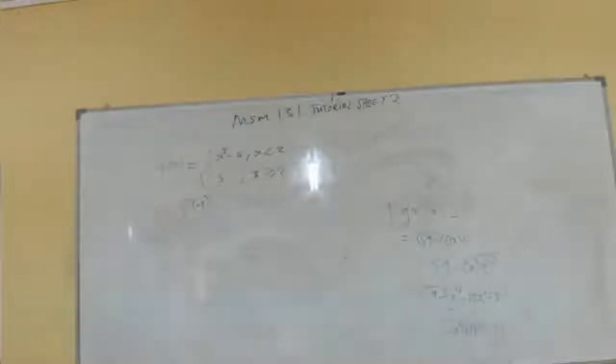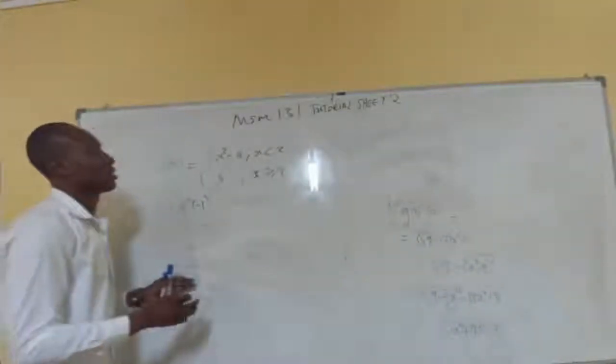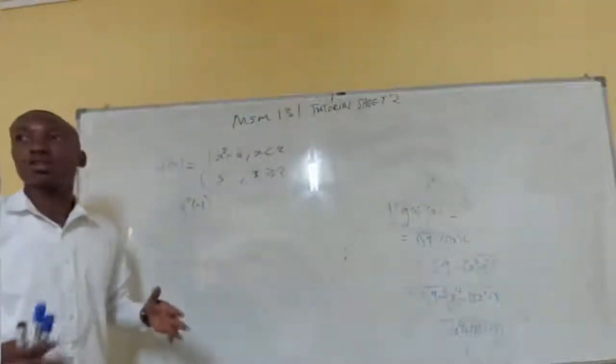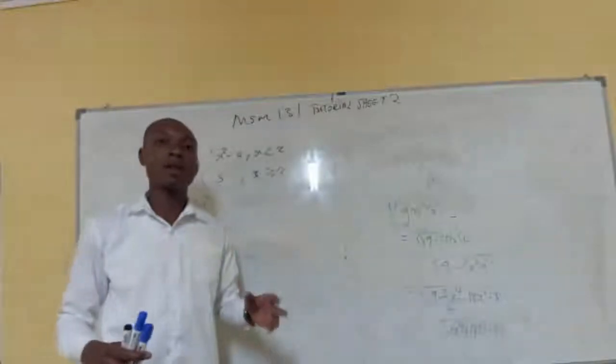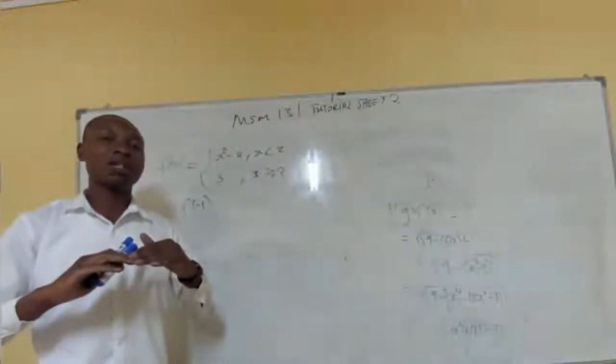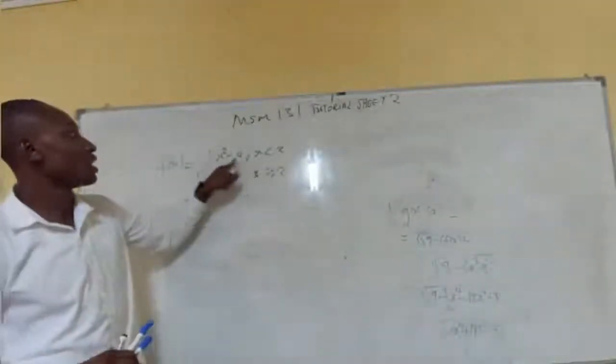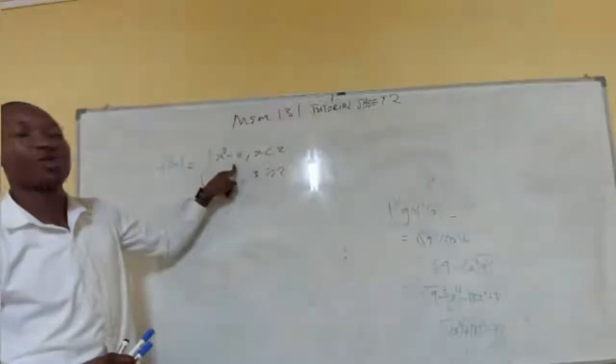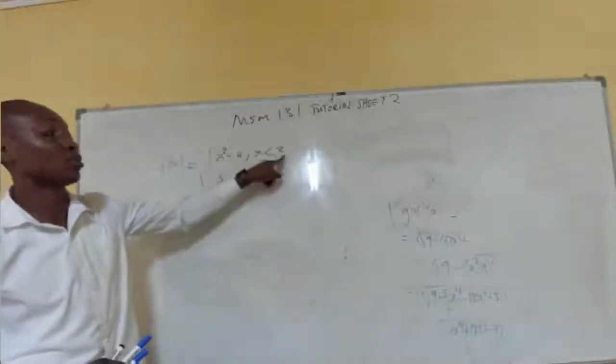So how do you solve such a question? To find f of negative 1, remember this is a piecewise function, known also as a stepwise function. You simply consider the function based on the domain. So this function is always x squared minus 4 for any value less than 2, okay?